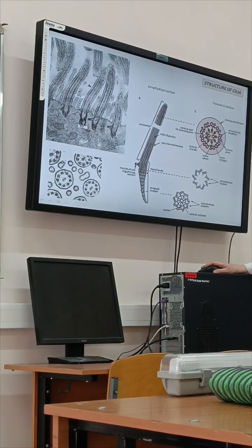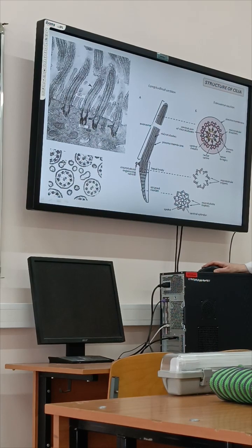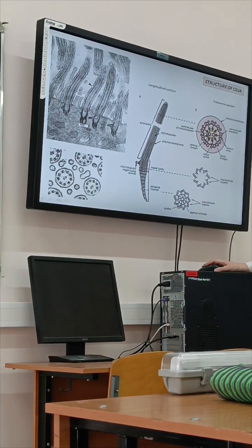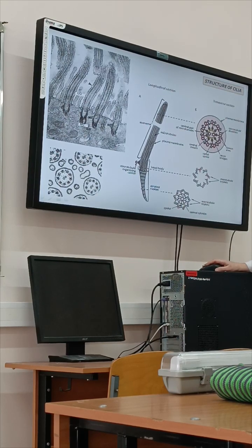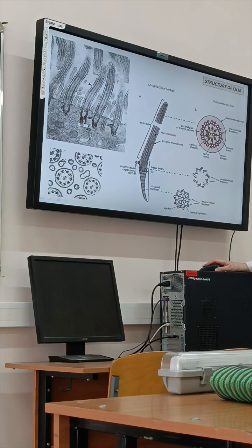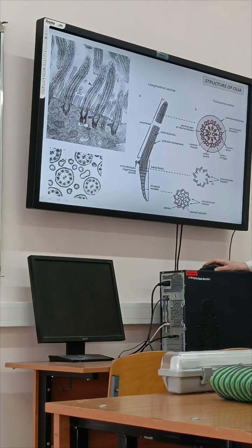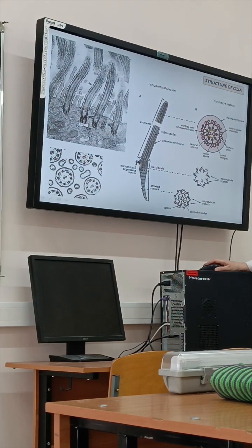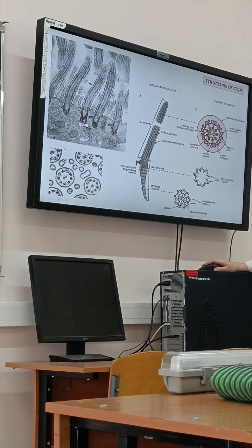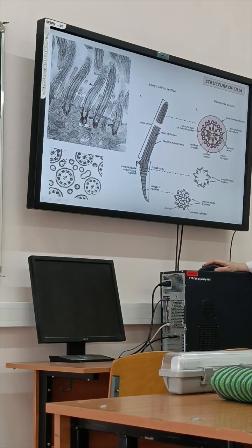This diagram also shows 9 duplets and 2 centrally situated microtubules. If we cut and receive a section through the basal body, we can see another structure, 9 triplets of microtubules without centrally situated microtubules. That's why the centrally situated line is absent here. Is it clear?